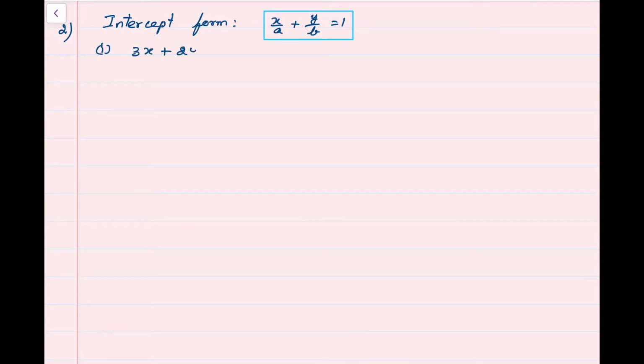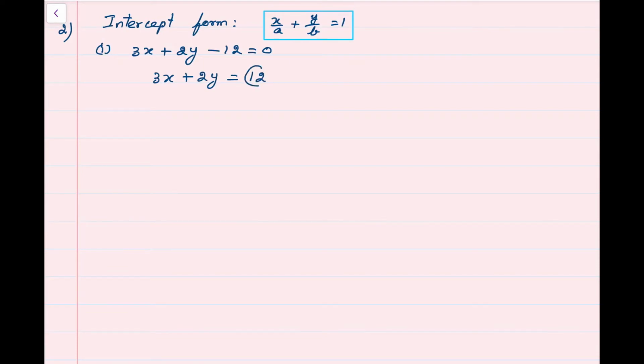Second question, reduce the following equations into intercept form and find their intercepts on the axes. The intercept form of a line is x divided by a plus y divided by b is equal to 1, where a is the x-intercept and b is the y-intercept. First subdivision, the given equation is 3x + 2y - 12 = 0. 3x + 2y is equal to 12.